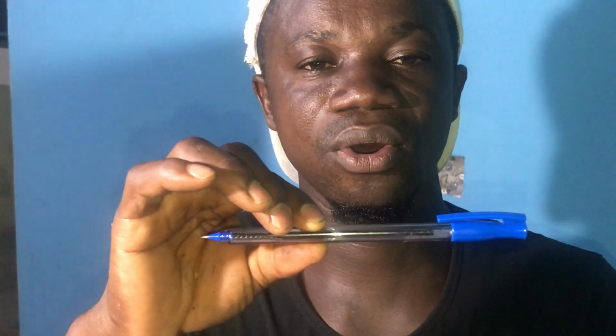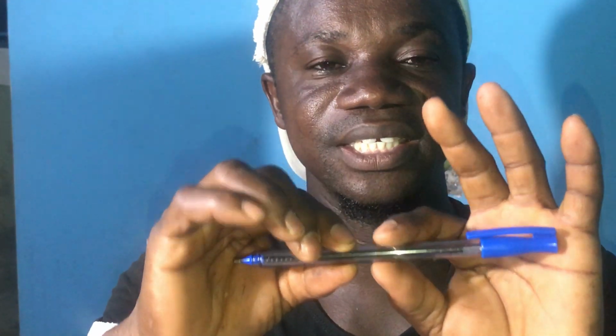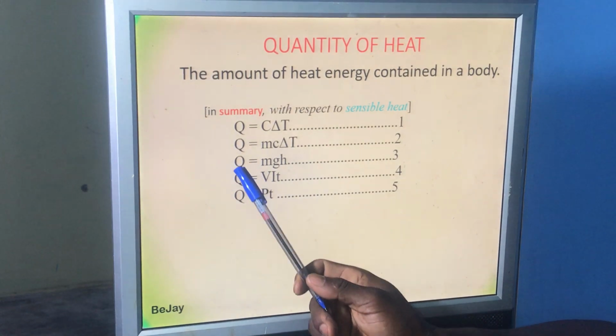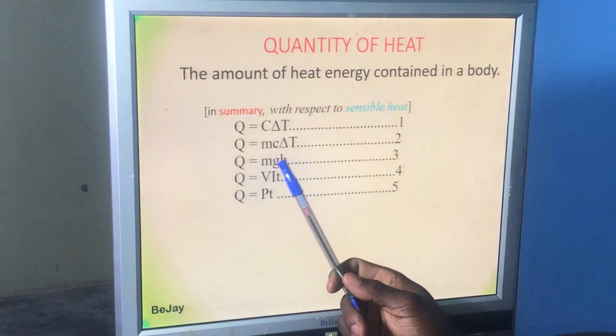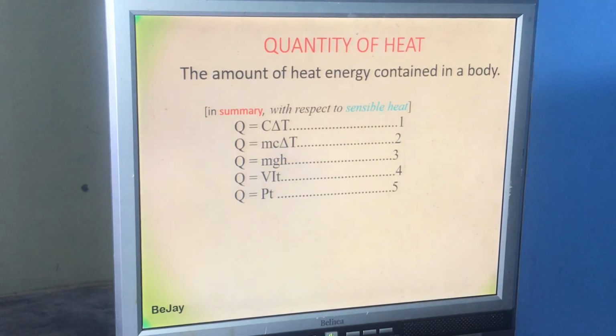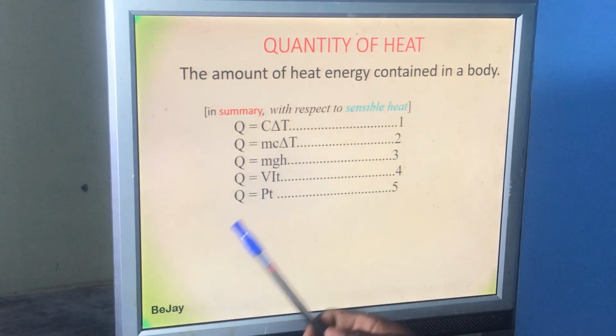Let's assume that the body hits the ground and all the potential energy is converted to heat. The energy is not converted to sound or any other form, but all of it is converted to heat. What that means is that we get this formula, Q equals mgh. That is, the quantity of heat is equal to the mass times gravity times height. That is the maximum potential energy.